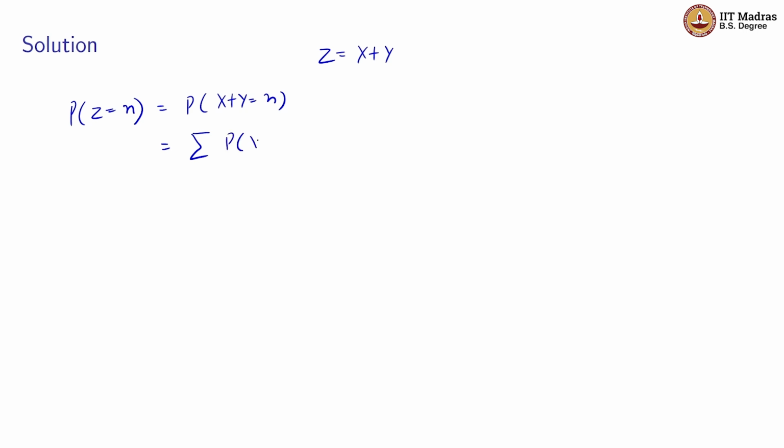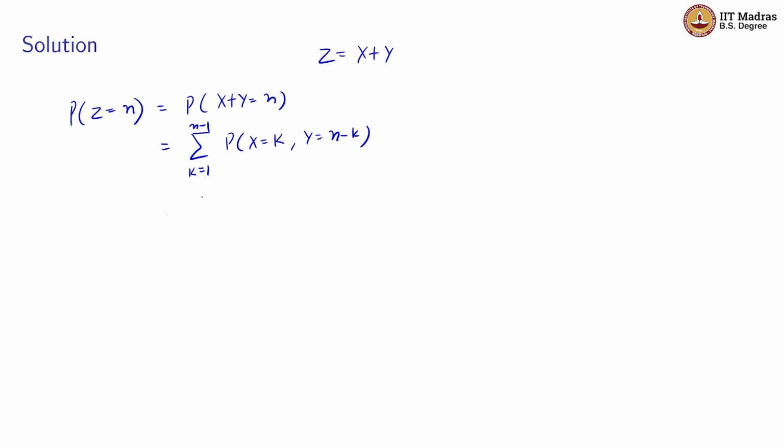So summation, let's say x is equal to k. In that case, y will take value n minus k, and here k will be from 1 to n minus 1. So the probability that x plus y is equal to n will be equal to summation of joint probability x is equal to k and y is equal to n minus k, and k is from 1 to n minus 1.